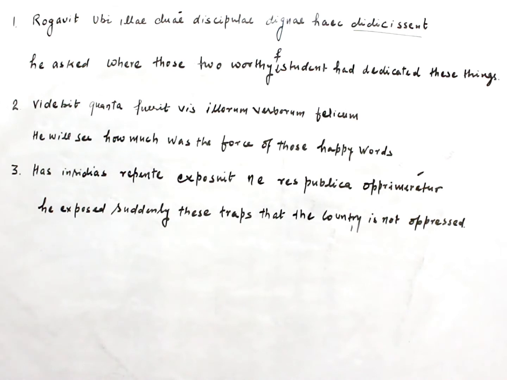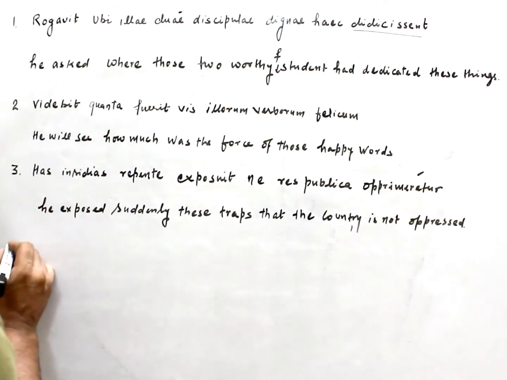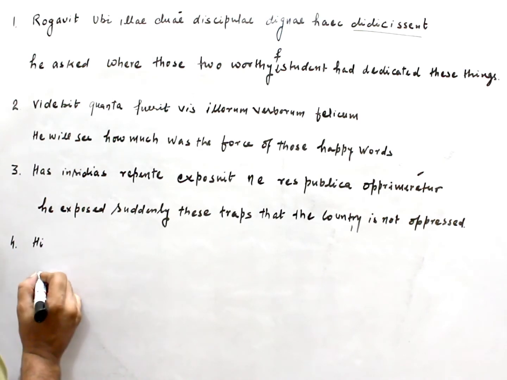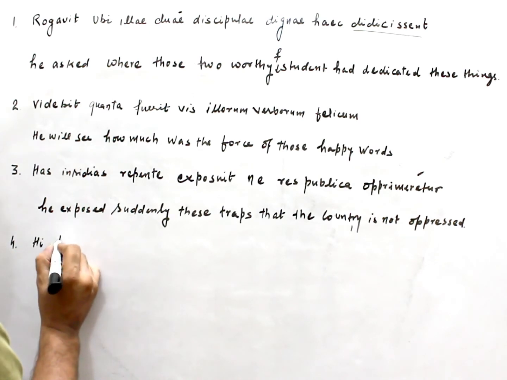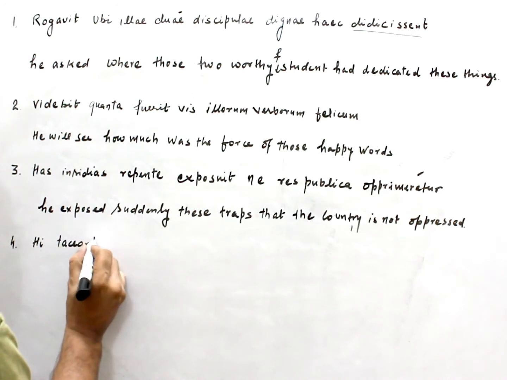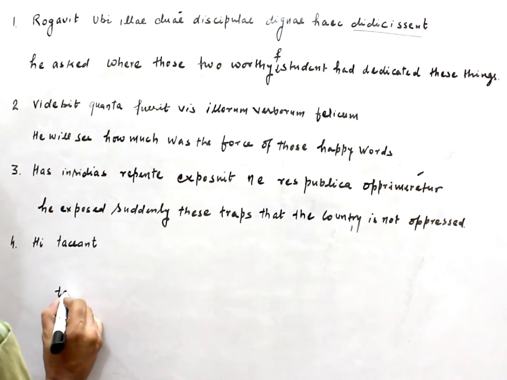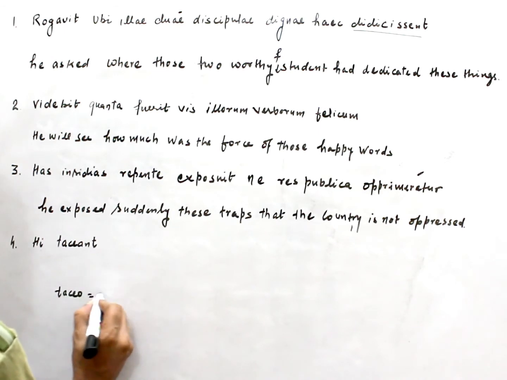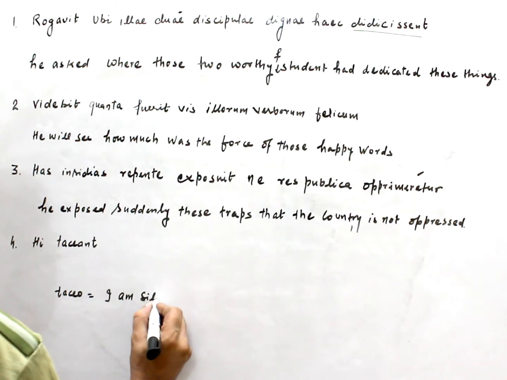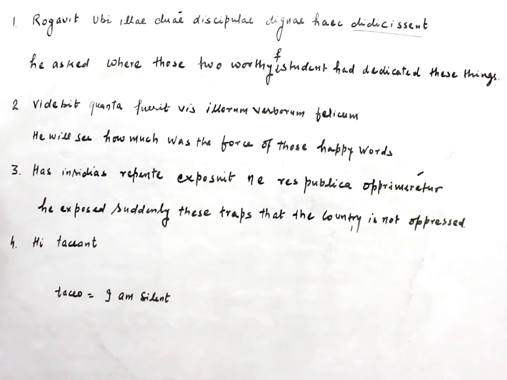Number 4. Taceant. So this is the verb, I am silent. I am silent.